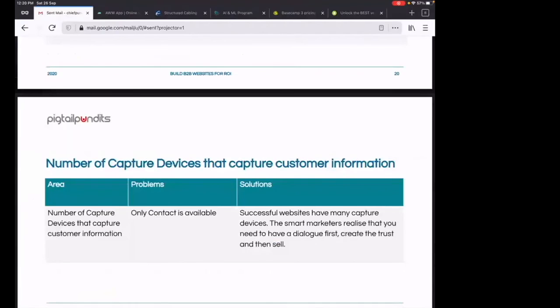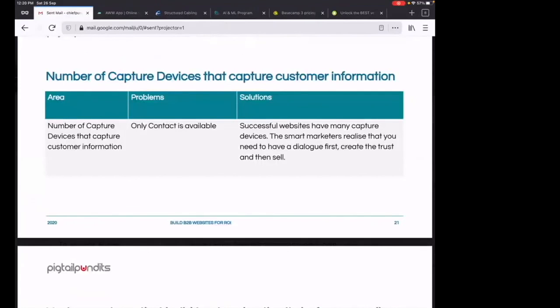And the next thing I would look at is, are they clued in onto capture devices? That means how many capture devices are there on their website? Most websites, if you notice, have got only one, which is the inquiry contact form. What I'm talking about is multiple capture devices.